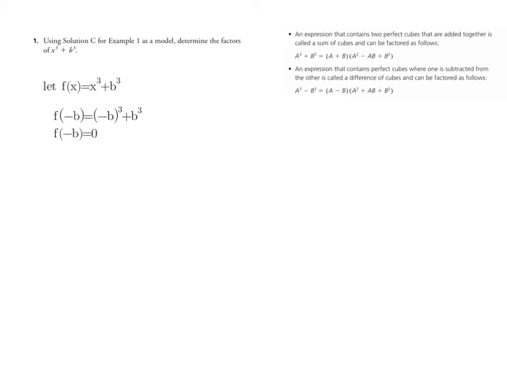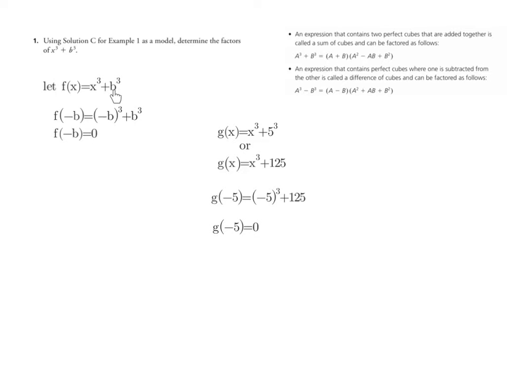obviously. Now hopefully you realize that b can be pretty much anything. If b is 5, let's say we have x cubed plus 5 cubed. I'm just going to let x equal negative 5, and then you've got negative 5 cubed plus 5 cubed. Well, that's going to be 0.